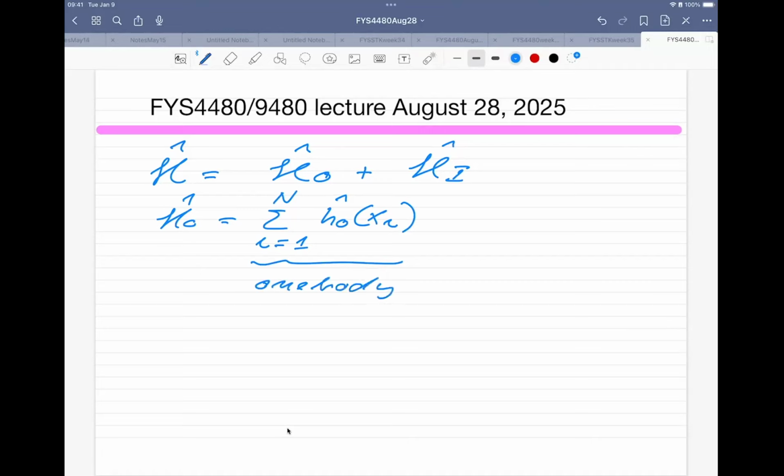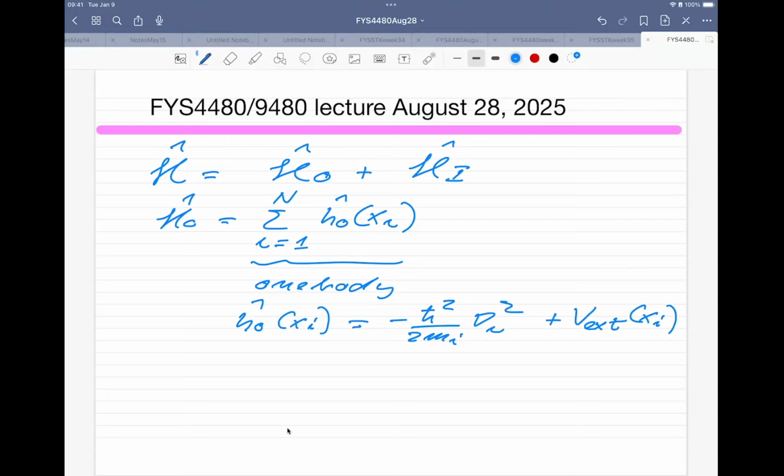And the typical form of that operator, H0 of x_i, is something which can contain the kinetic energy of a given particle i. And then we have the Laplacian. So this represents the kinetic energy. And then there can be some external potential, which we're just going to write as EXT. It could be a harmonic oscillator which traps it, or any other type of external potential which confines the motion of a particle in one way or the other.